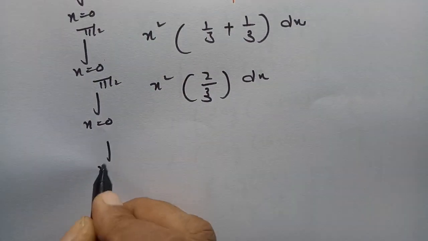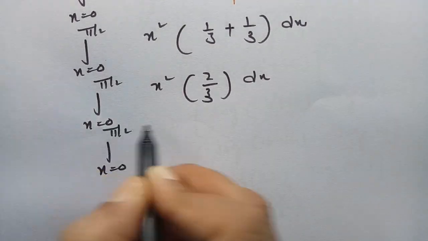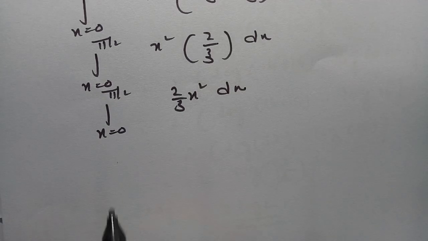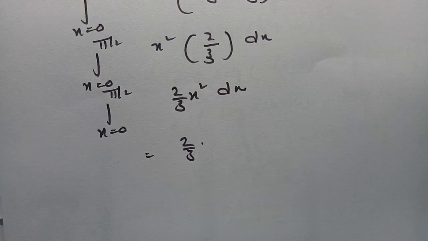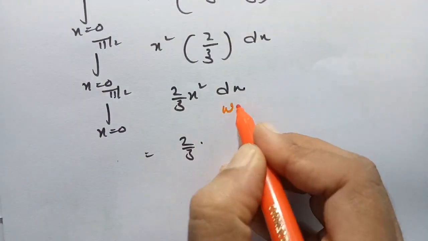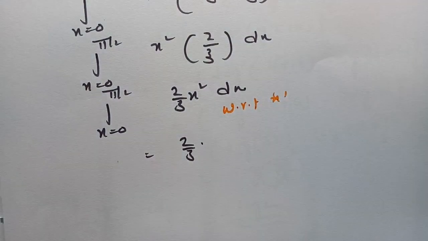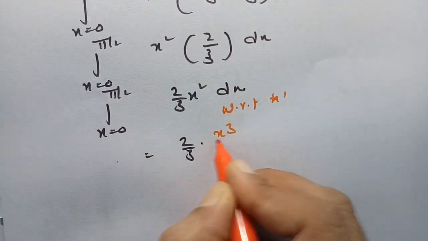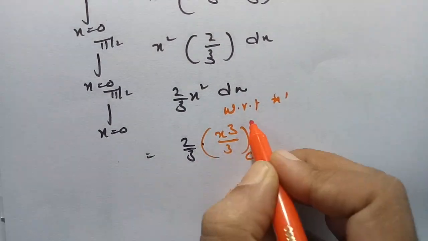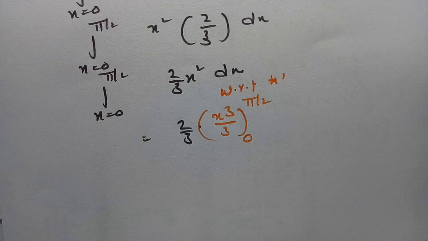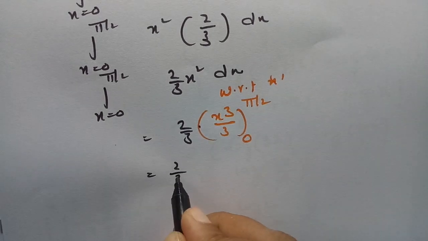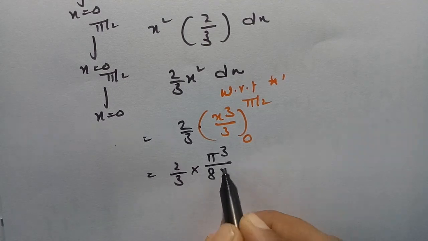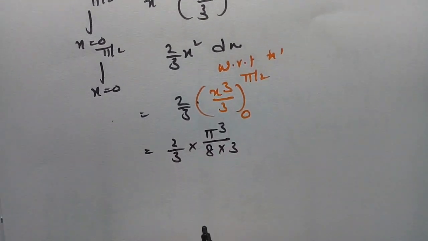So now the x limits are from 0 to pi by 2. This is 2 by 3 into x square of dx. Now we have to integrate with respect to x. So with respect to y one time and with respect to x one time. This will be x cube by 3 between the limits 0 to pi by 2. If I substitute the limits, this will be pi cube by 8 into 3, and at 0 it will be 0.